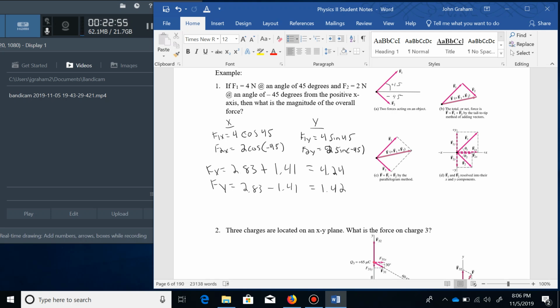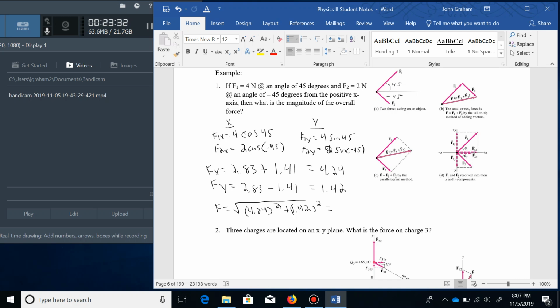Now we want to find where the overall force is and what angle it's at. We know it's going to be in the first quadrant since both our Fx and Fy are positive. So to get F, we do the square root of 4.24 squared plus 1.42 squared.